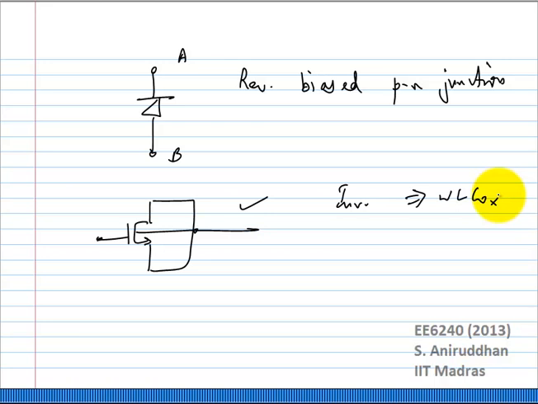If I decrease the voltage even further, you will have what is called accumulation, and you will again have the same WL Cox capacitance. But definitely in a certain region you can go from some WL Cox, which is C max, to C min, which is your depletion capacitance, which is much smaller.